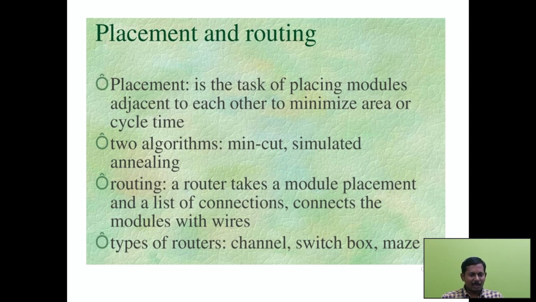So next, placement and routing. Placement and routing play a major role in the design flow, because based on the placement only, the area consumption is going to be minimized. So placement means we are going to fix each and every module in the given dimension.